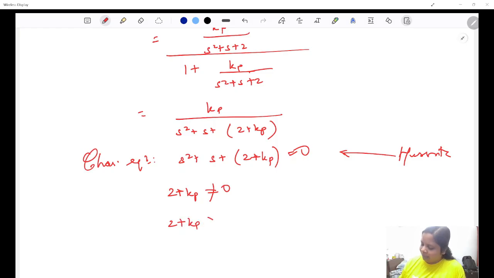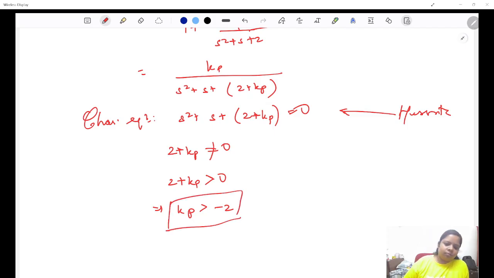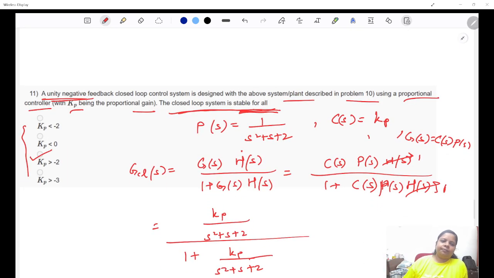So 2 plus Kp should be greater than 0. Right? From here, you can write Kp should be greater than minus 2. Is that clear? Any confusion here? Clear. Okay.